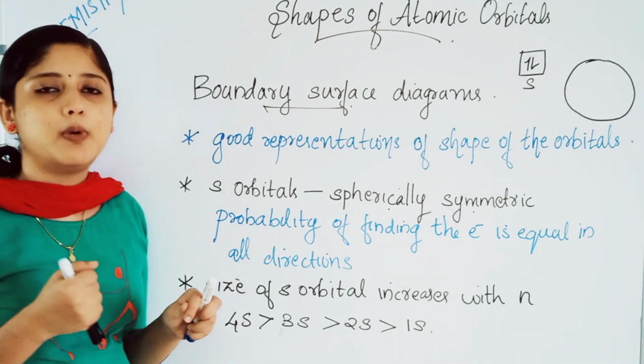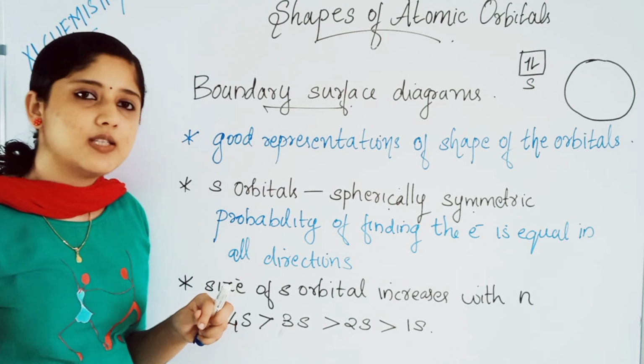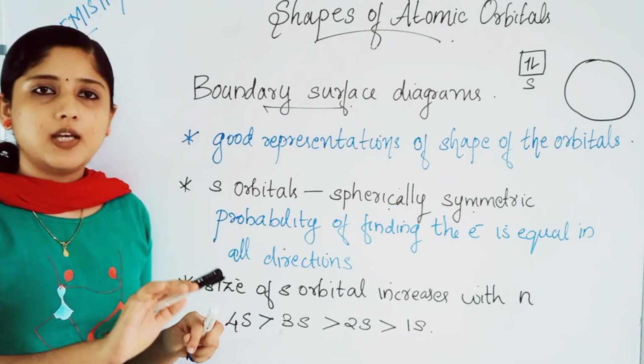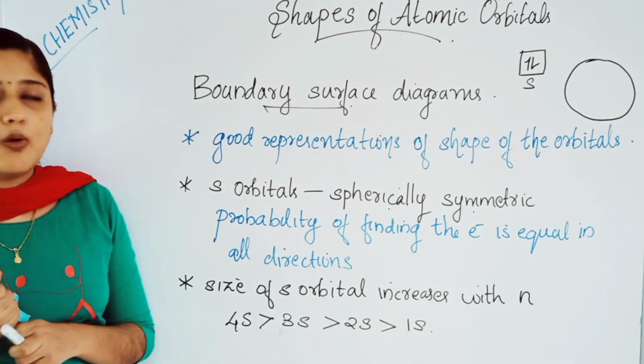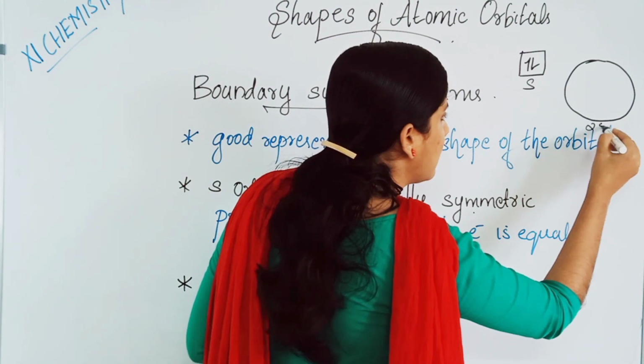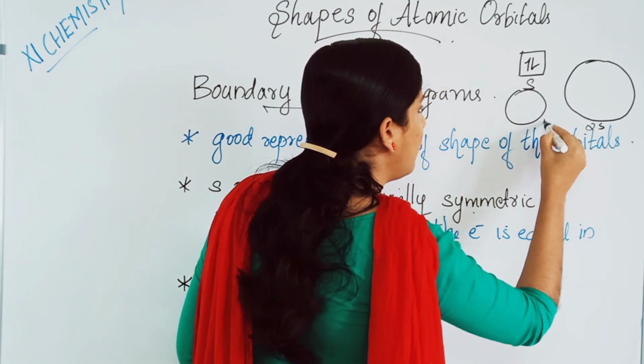Size of the s orbital. 1s, 2s, 3s, etc. As the principal quantum number increases, the size of the s orbital also increases. Consider this as 2s, and 1s will be this.